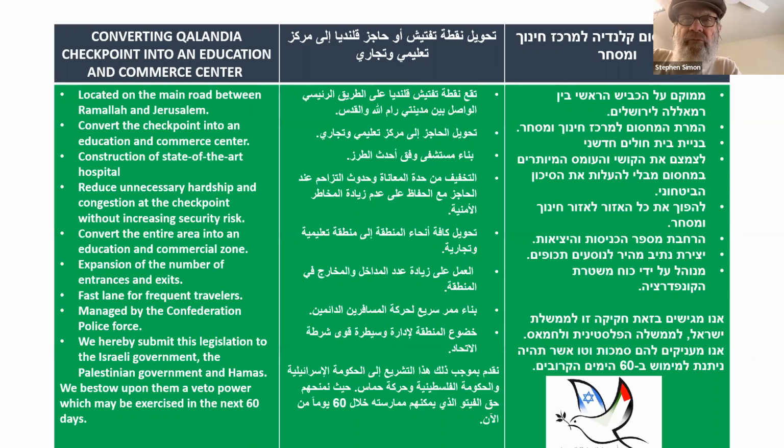Convert the entire area into an education and commercial zone. Expansion of the number of entrances and exits. Fast lane for frequent travelers. Managed by the Confederation Police Force. We hereby submit this legislation to the Israeli government, the Palestinian government, and Hamas. We bestow upon them a veto power which may be exercised in the next 60 days.